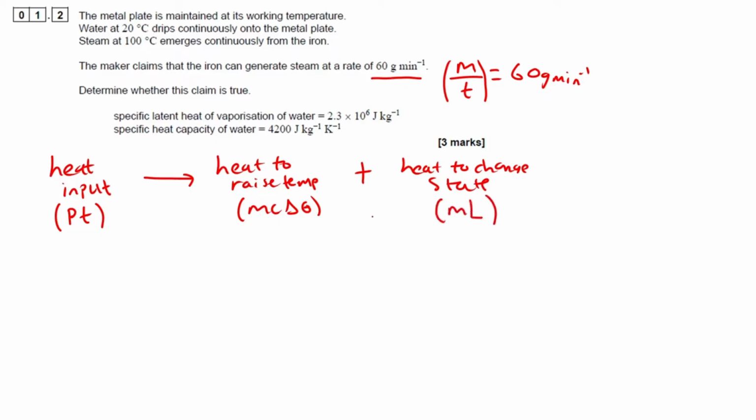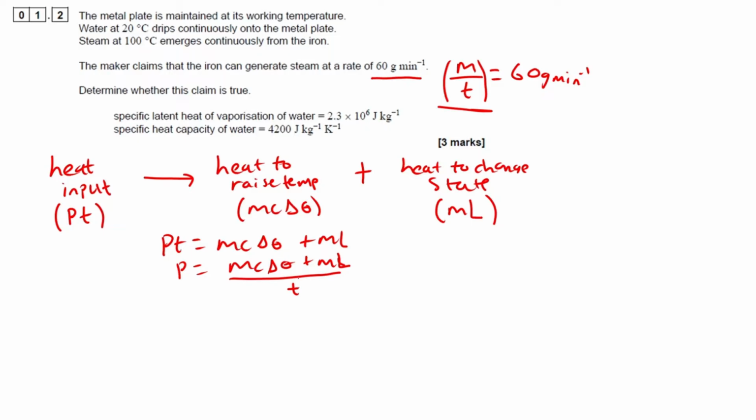So I could put this into an equation now and try and get this m over t as the subject. This is what it's going to look like. Pt equals mc delta theta plus ml. I'll divide by t, so P equals mc delta theta plus ml, all divided by t.